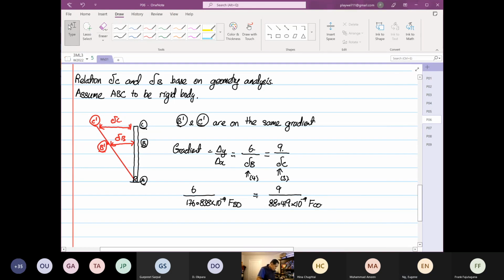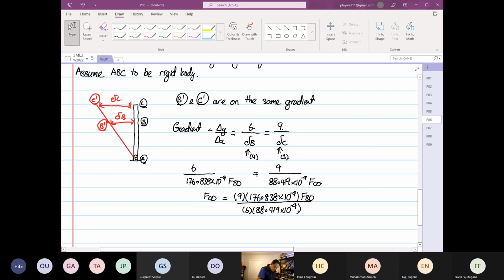So I'm going to have FCD equal to 9 multiplied by 176.838 times 10 to the power minus 9 FB naught divided by 6, and then divided by 88.419 times 10 to the power minus 9.